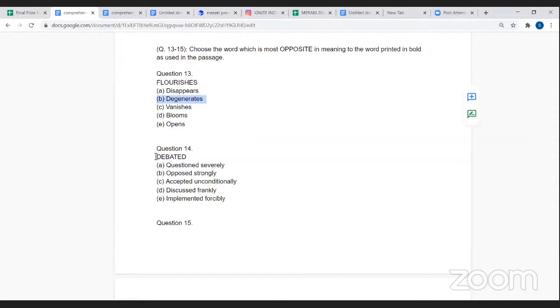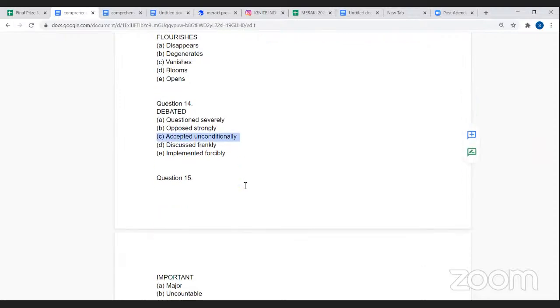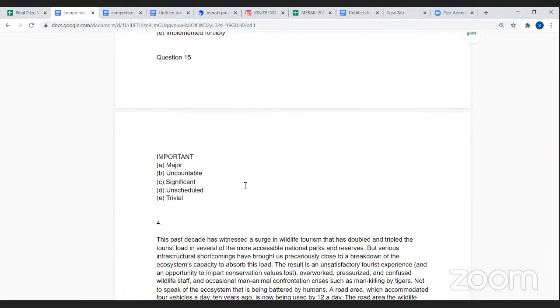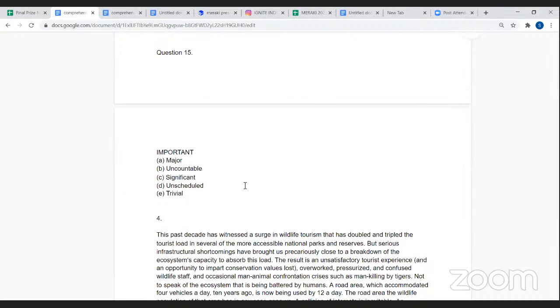Debated, C. C, accepted unconditionally. Important, D. We're looking for the opposite. E, trivial.